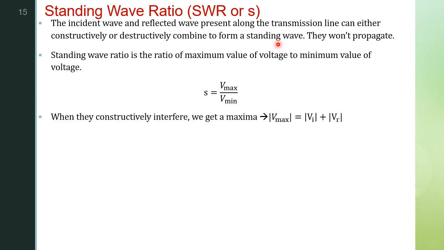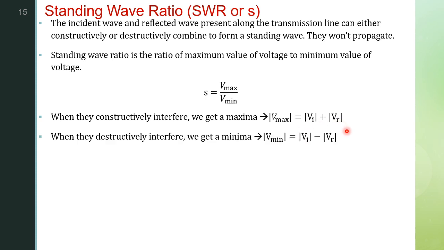So constructive interference will produce a maxima, which is a sum of incident plus reflected, and the destructive interference will produce a minima, which is a difference between incident and reflected. So when you substitute back into the expression for S, it is Vi plus Vr by Vi minus Vr. When you divide the numerator and denominator by incident voltage, we will get it as 1 plus Vr by Vi divided by 1 minus Vr by Vi.